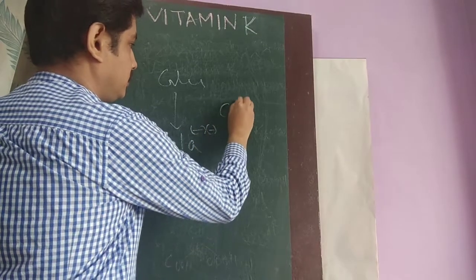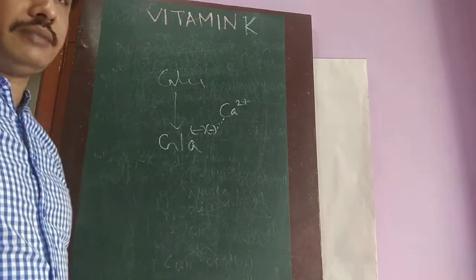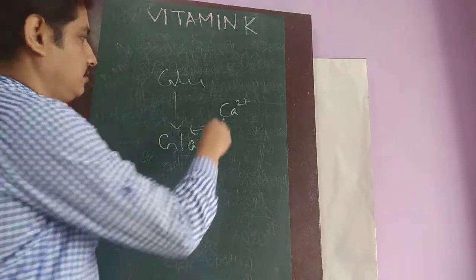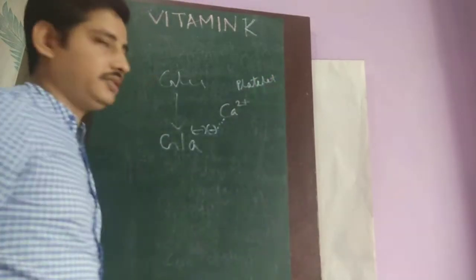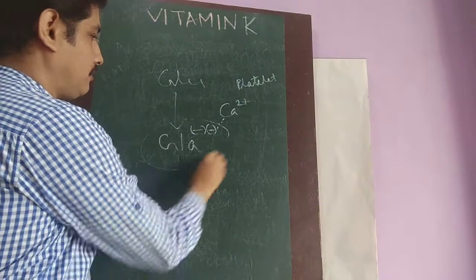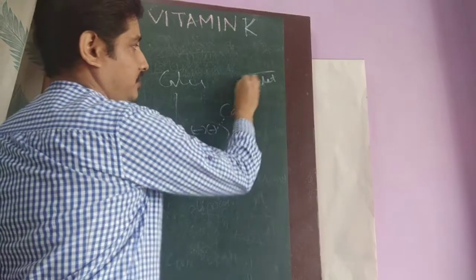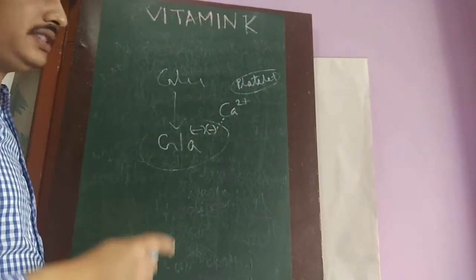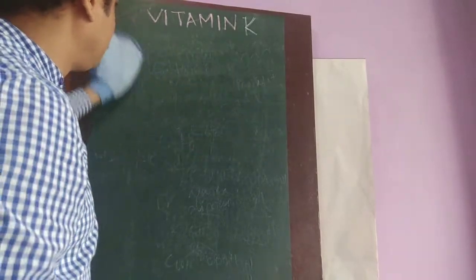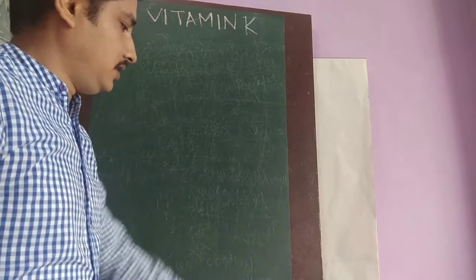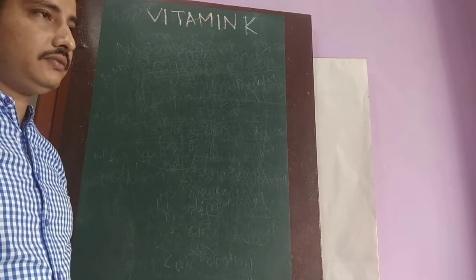So the calcium ions having positive charges will bind with these gamma carboxyglutamate residues, which forms a bridge between the gamma carboxyglutamate of factors 2, 7, 9 and 10 and the phospholipid membrane of the platelet, which is important for blood coagulation. So this is how vitamin K helps in the process of blood coagulation. This gamma carboxylation of glutamate residue also occurs in some other proteins like osteocalcin, which is found in the bones.